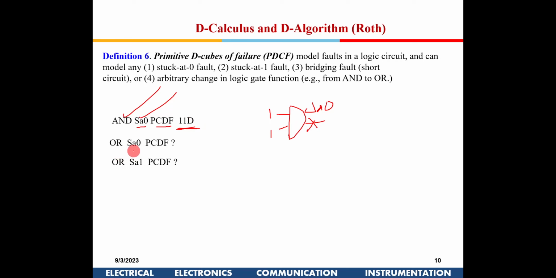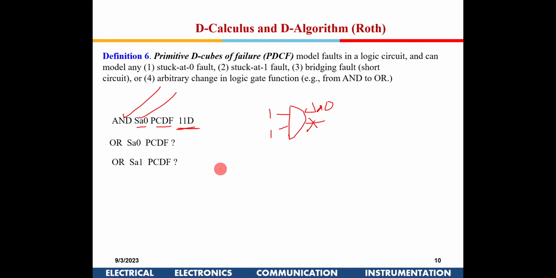Similarly, for an OR gate, if the output is stuck at 0, what would be the PCDF? Can anybody say? For an OR gate with output stuck at 0, we need to force a 1. So what could be the PCDF?